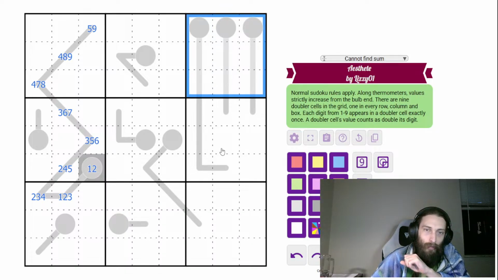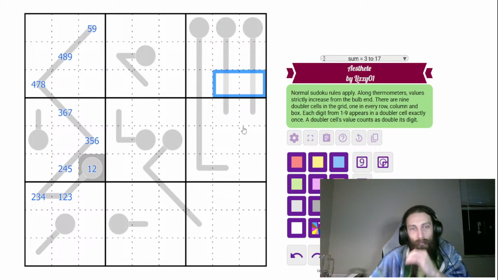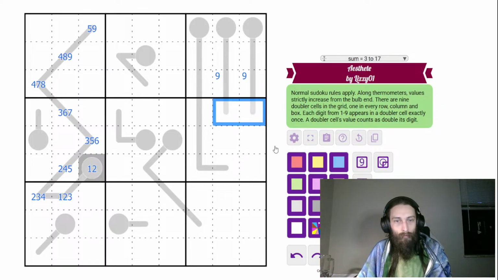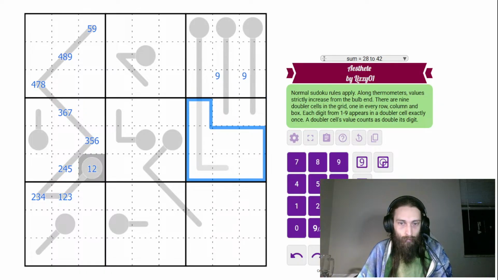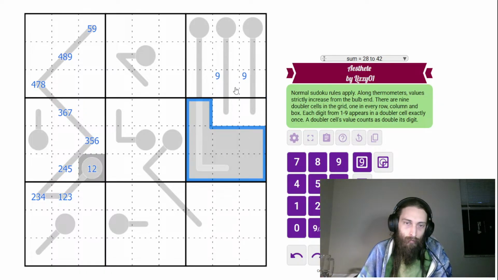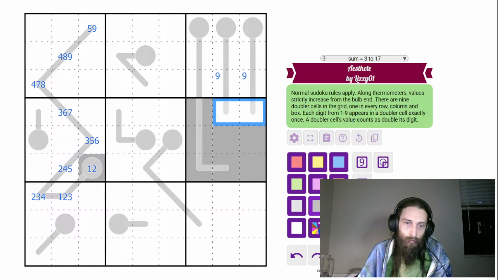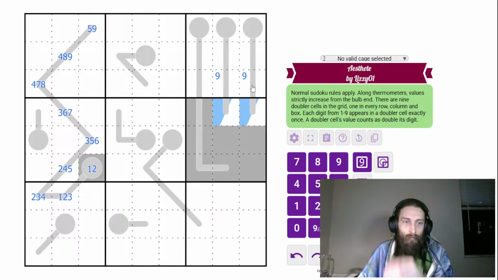Where do I put 9 in this box? Well, one of them's going to have a doubler. And it can't be in the first column of that box. It's going to have to be one of those two. So one of them is going to have to be a doubled 5.